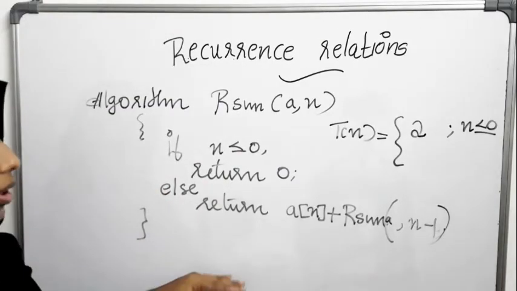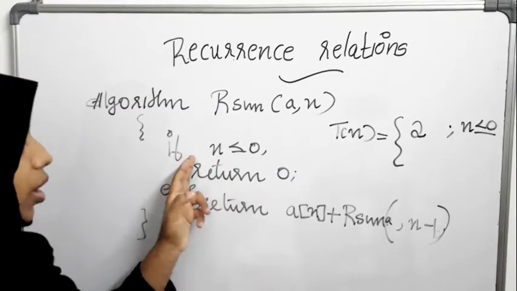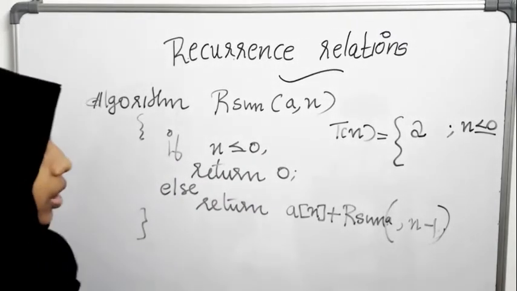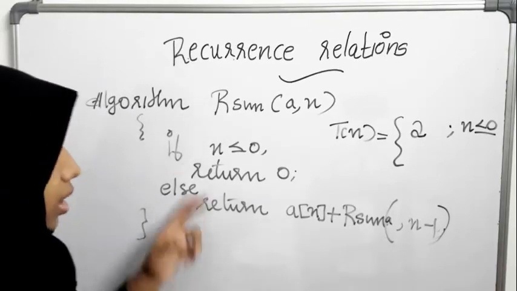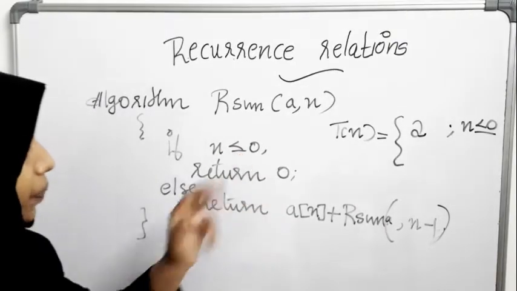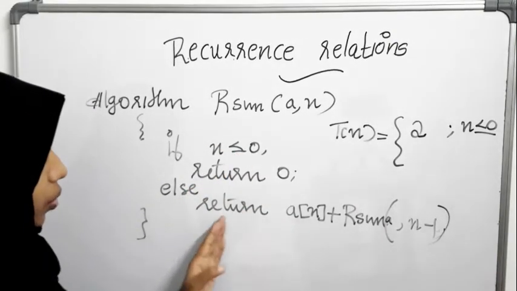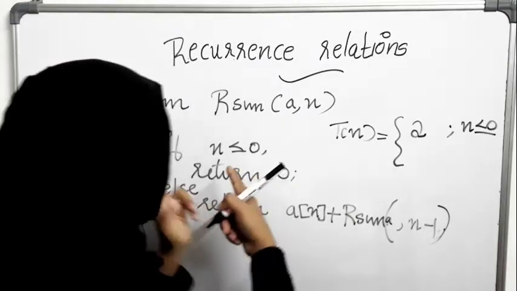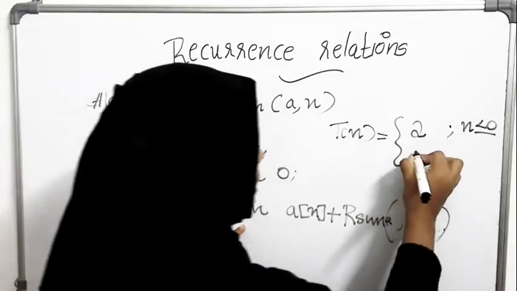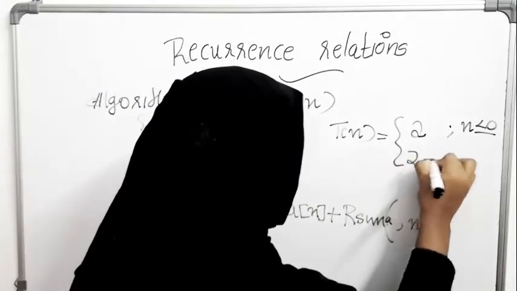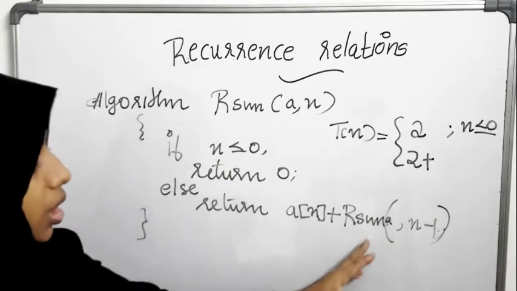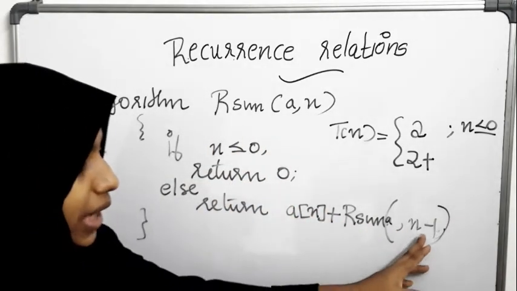When n is not less than or equal to 0, you again have to execute this condition step, because only then can you decide the range of n. So this step is mandatory. Now you have the return statement. For executing the condition checking and the return statement you need 2 units of time, plus you have to invoke the same function with parameters a comma n minus 1.